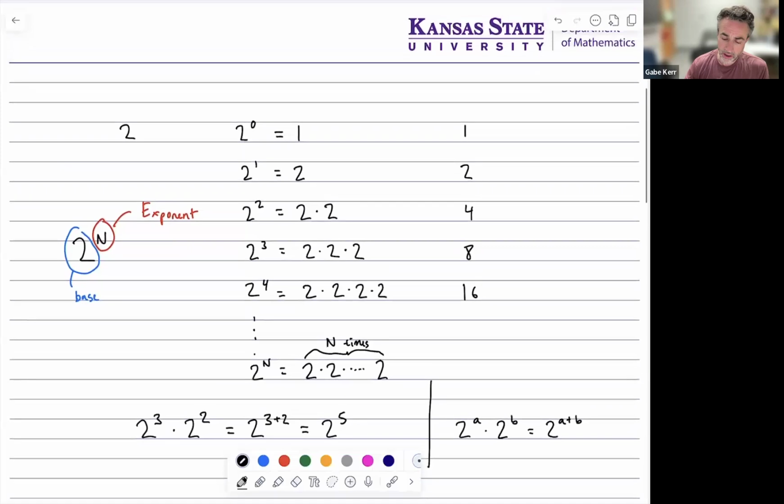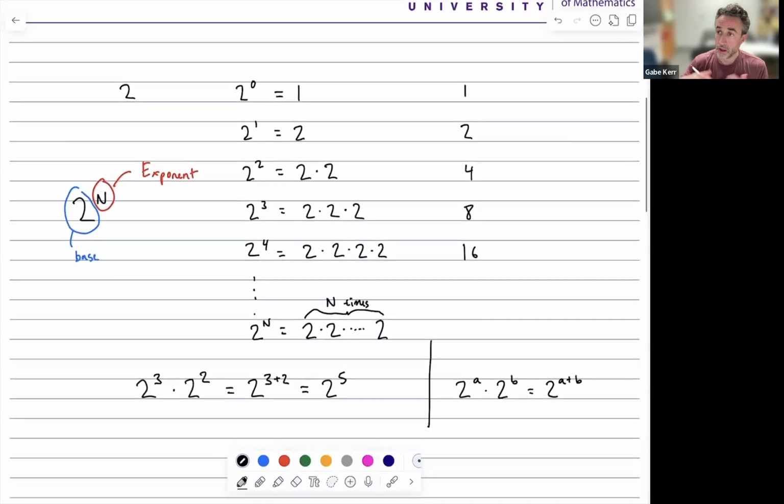Great. And one of the reasons we're looking at this right now is because in some of the material we went over this week, we're talking about the number of subsets of a given set.